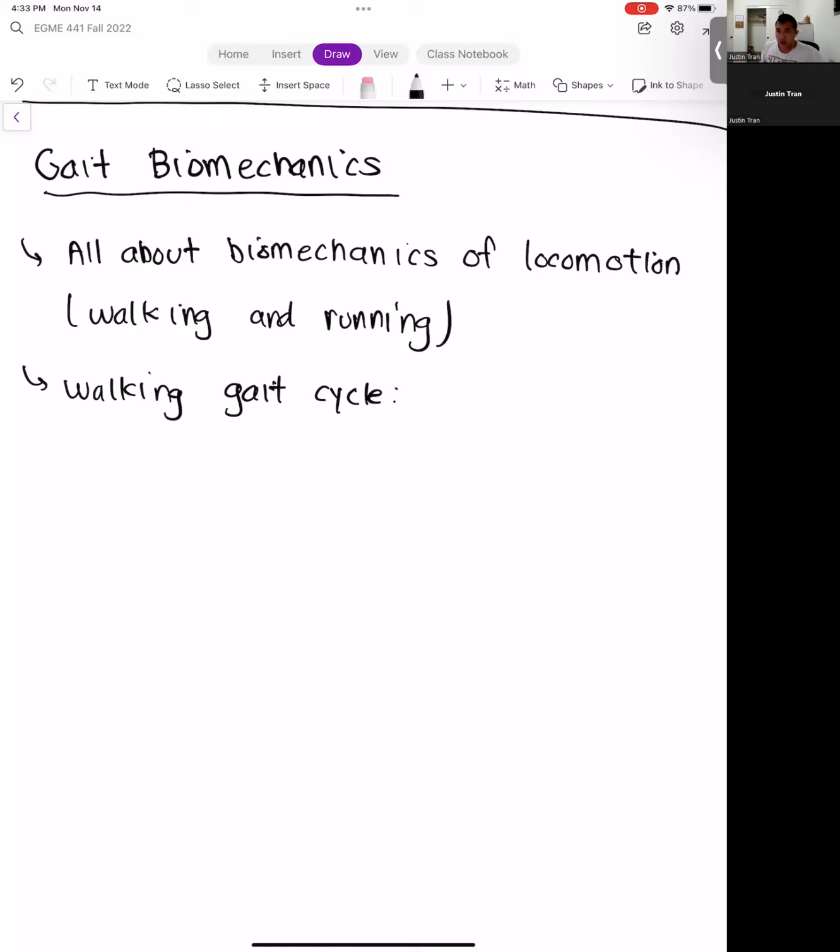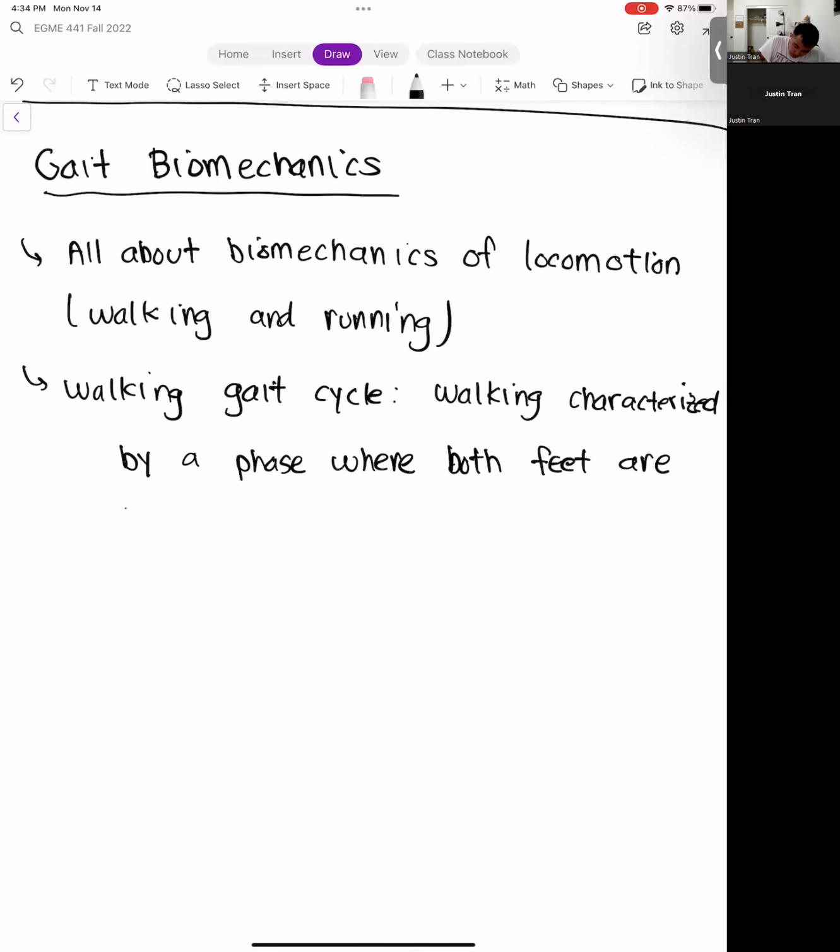Okay, and so what clearly defines walking compared to other forms of locomotion, or I guess running, is that you have what's called a double stance phase, or double support phase, and so that's a part of the walking gait cycle where both your feet are planted on the ground. Okay. And once again, we call this a double support phase.